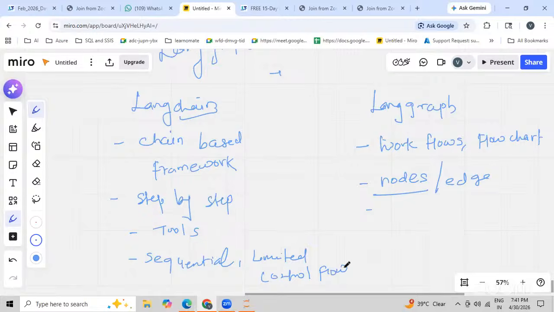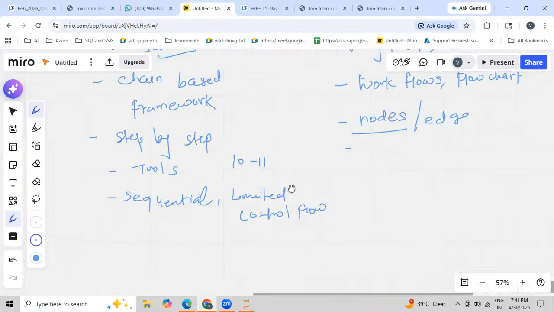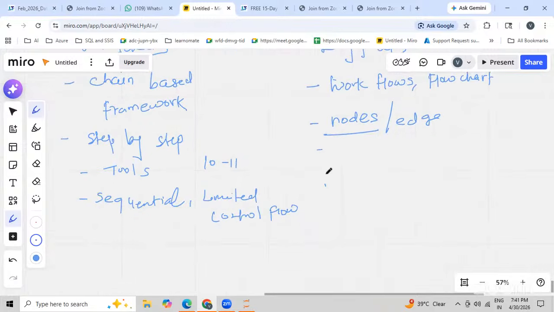You cannot create a long chain. You can make maybe 10, 11, 12 steps in a chain, not more than that. So that is the limitation, a limited control flow. But in a flow chart, there are no limitations.